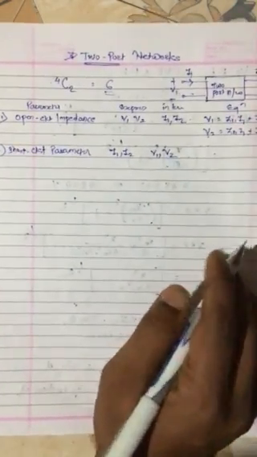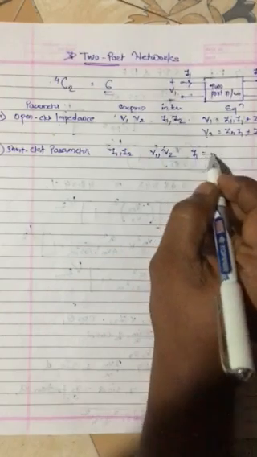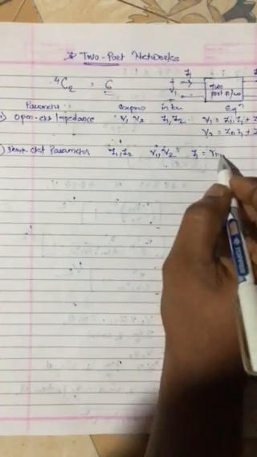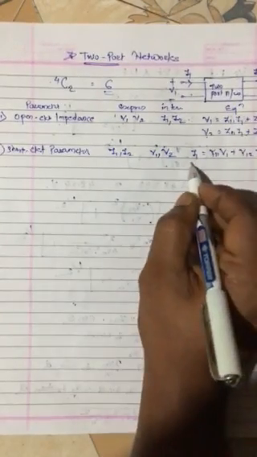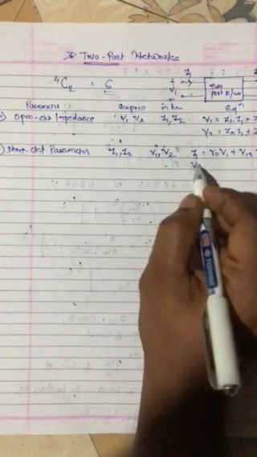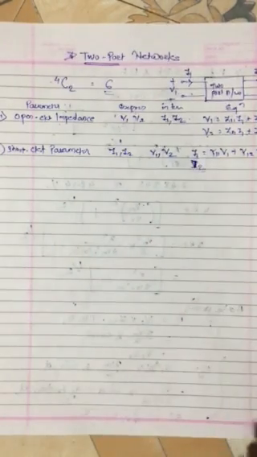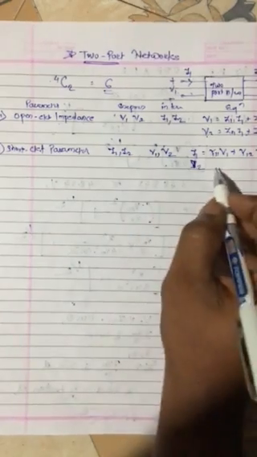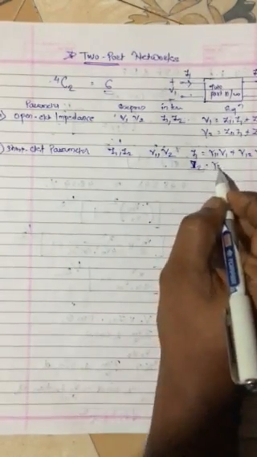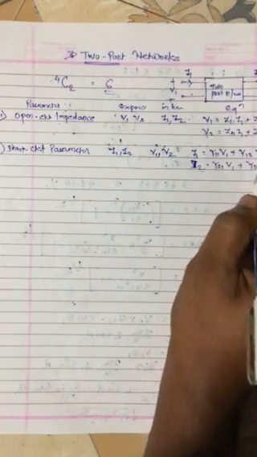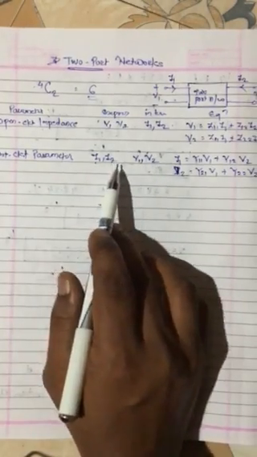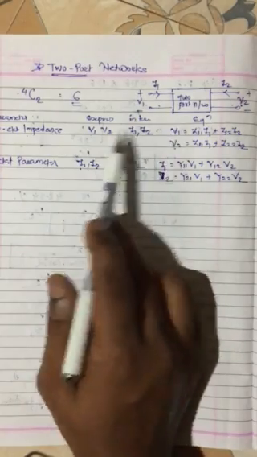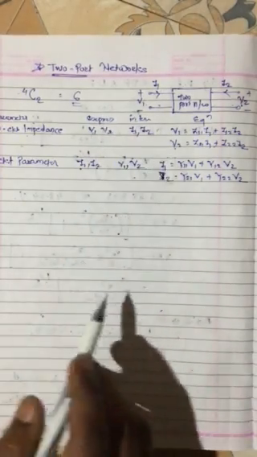So its equations become I1 equal to Y11 V1 plus Y12 V2, where Y is admittance, and I2 becomes Y21 V1 plus Y22 V2. We can see that I1 and I2 are expressed in terms of V1 and V2. Here, V1 and V2 were expressed in terms of I1 and I2.